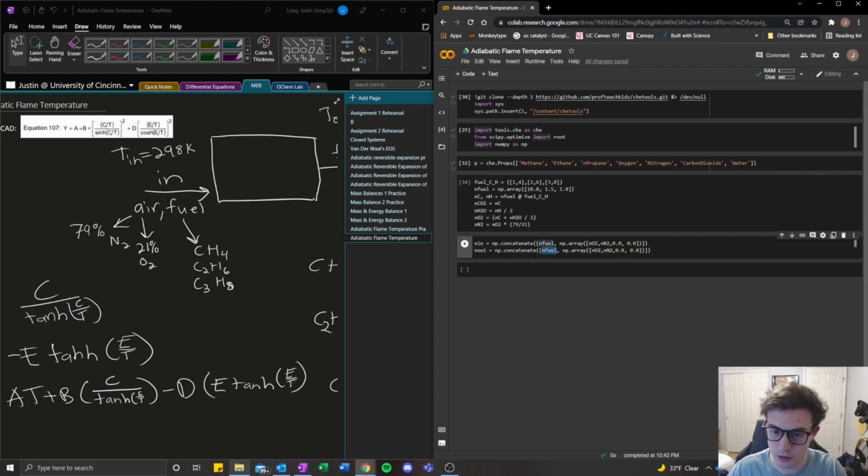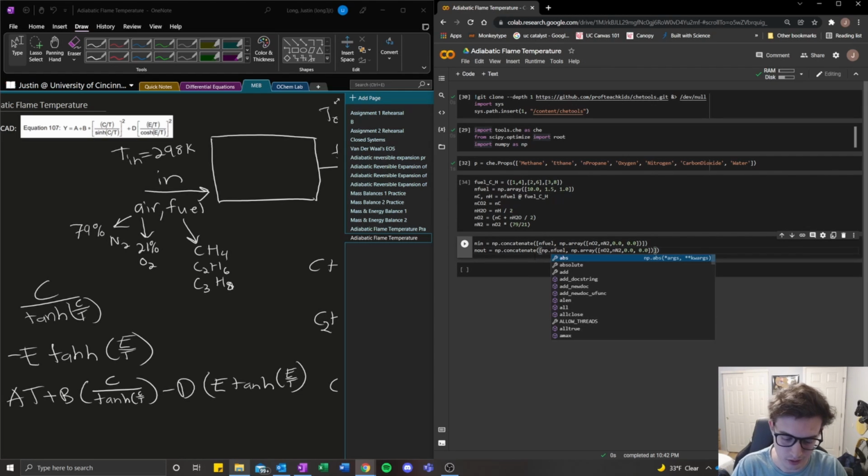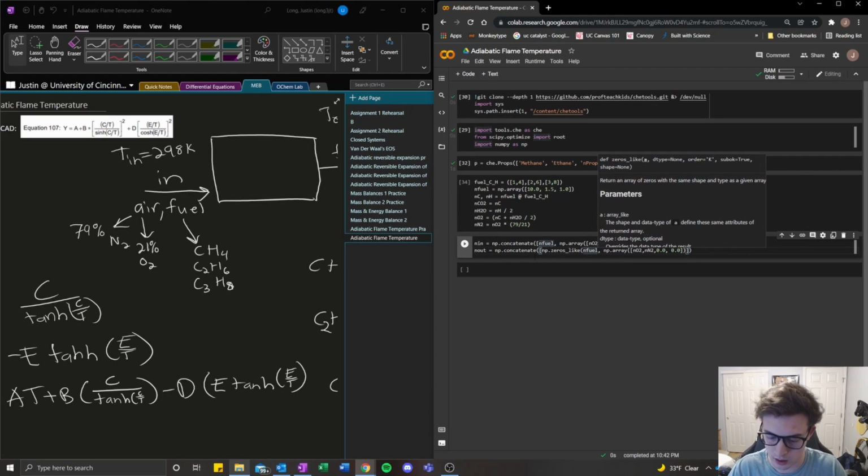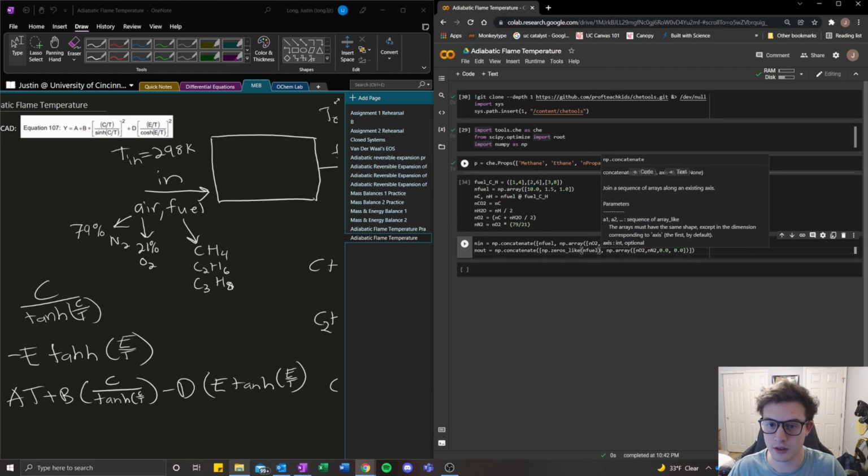So what we're going to be able to do is actually use another numpy function, and it's called zeros like. And what this will do is create zeros in place of our fuel data. So if we were to go back in and change any of this, we wouldn't have to change the number of zeros we put in. It'll just automatically grab that for us.